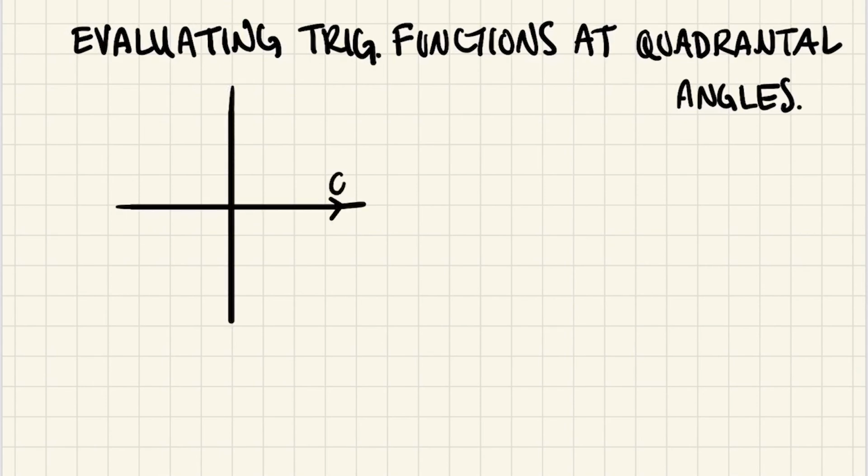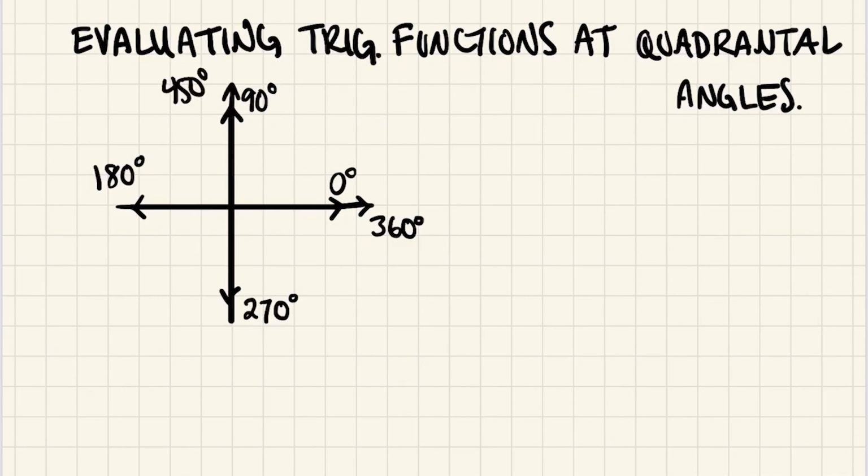So for instance, that would be like 0 degrees, 90 degrees, 180 degrees, 270 degrees. But also they keep going around forever. For instance, on the right here, we also have 360 degrees. And again, if we keep going, we have, say, 450 degrees just by adding 90. So basically, any multiple of 90 degrees is going to land on a quadrantal value.